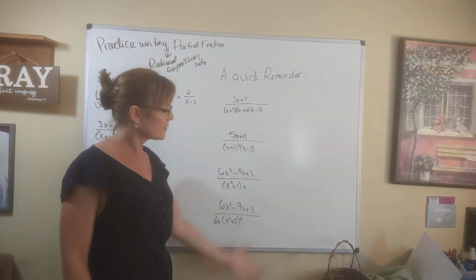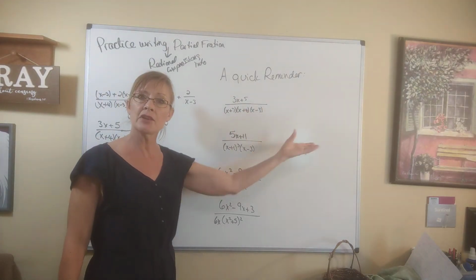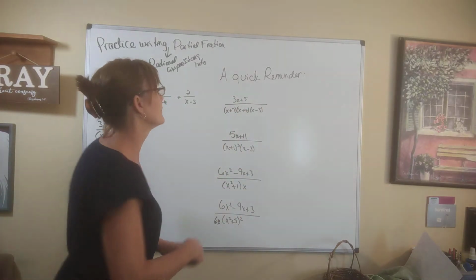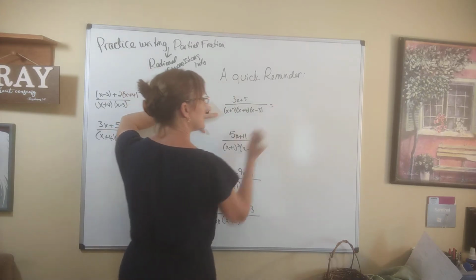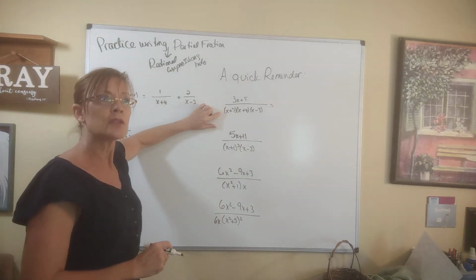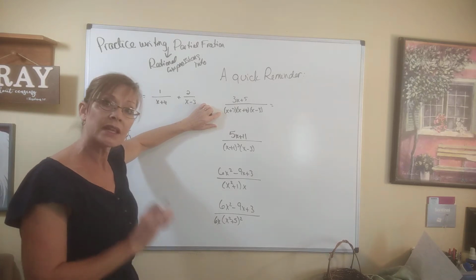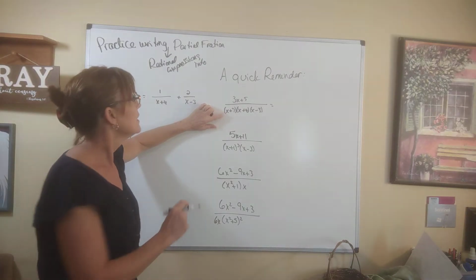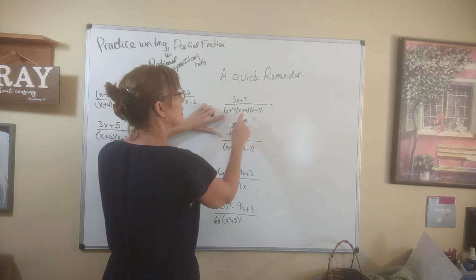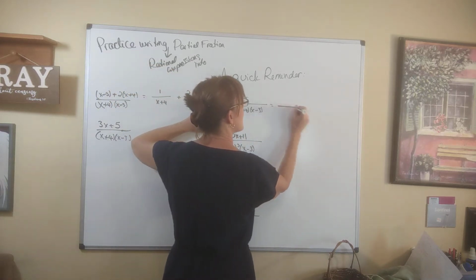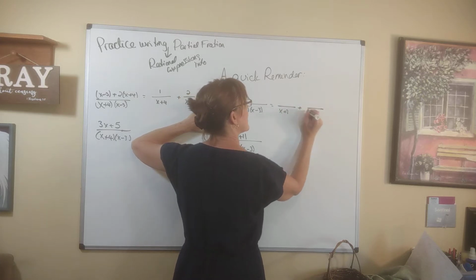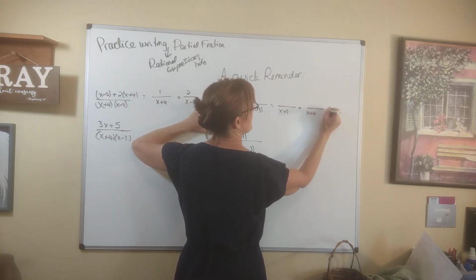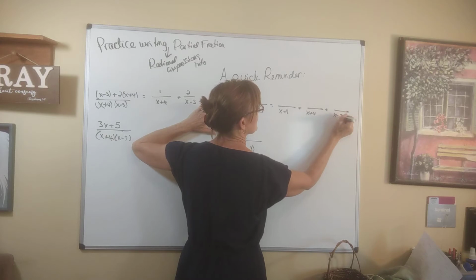So right here, these examples I'm just using to remind you how to set up the template. If you have a numerator and denominator ready to go and it's been factored, and the factors in the denominator are linear in form, to the first power, linear, linear, linear, you would set this up as something over x plus 7 plus another fraction over x plus 4 plus another fraction over x minus 3.